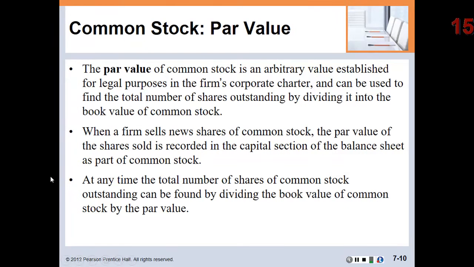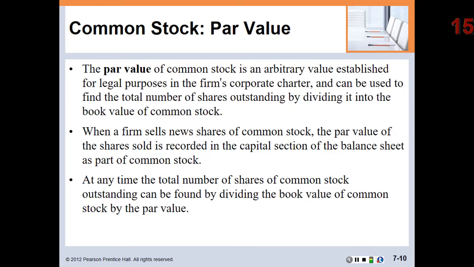Okay, so let me skip through some of this. Par value. We talked about this a little bit when we looked at the financial statements of a company. It says the par value of common stock is an arbitrary value established for legal purposes. So when you're looking at the stockholders' equity section of a balance sheet, and it says common stock, $2 par value or $3 par value, whatever, that means absolutely nothing as an investor.